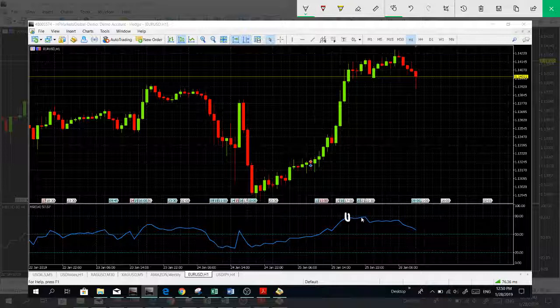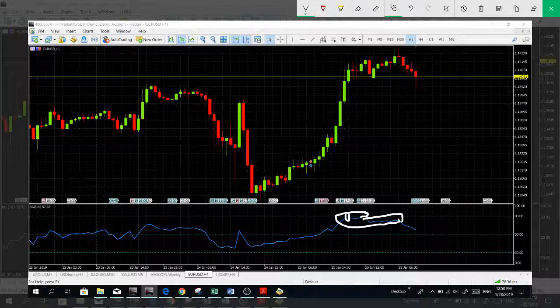But when the second time it closed and stayed here, it generally means that in the next period we're going to have a short. The market is almost overbought and you can sell.